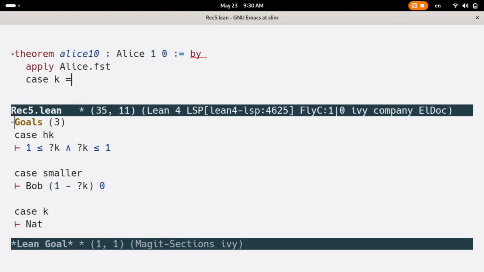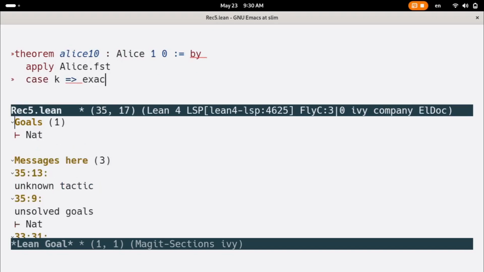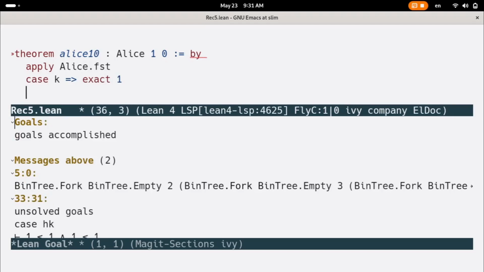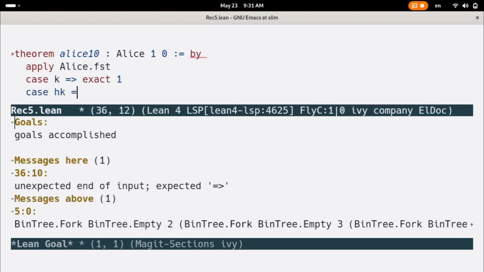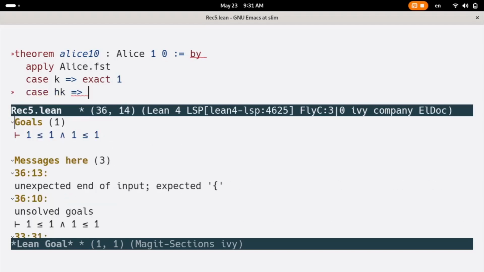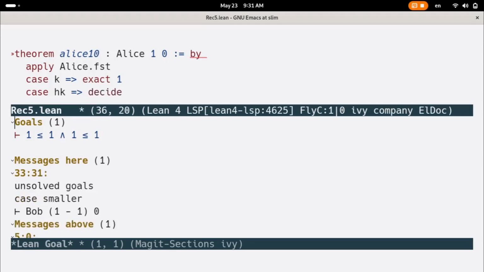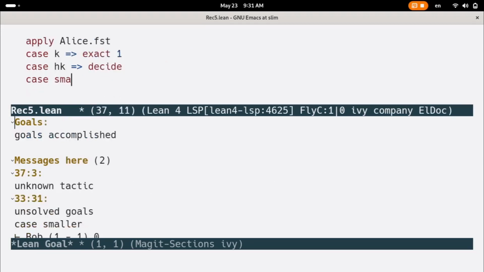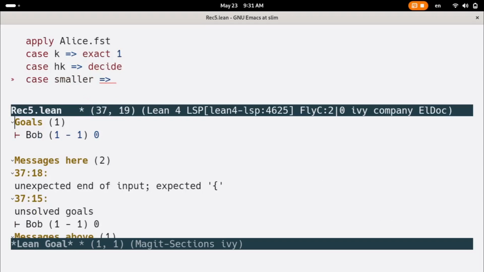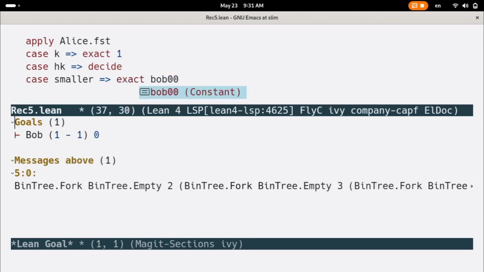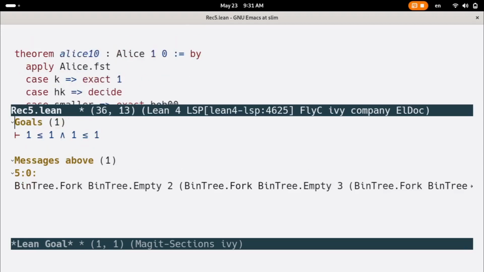We have to prove that k satisfies the constraints. So our k will be exactly 1. K satisfies the constraints trivially by deciding it. And we have to prove that Bob wins the game 0-0, which we have already proved.